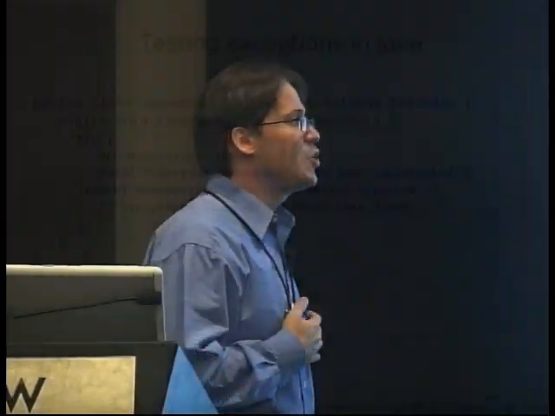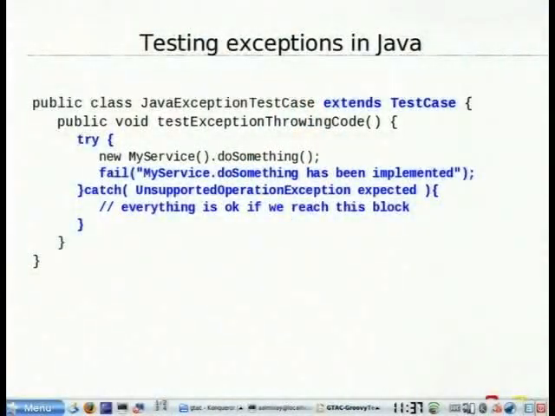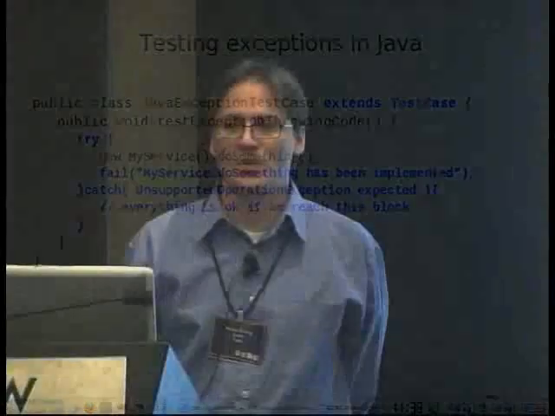This is how we usually test exceptions in Java, right? Probably we extend a test case if we are in JUnit 3. And that is the business code we want to test, right? And everything that is in blue is the scaffolding that we have to code in order to assert that that business code is throwing the expected exception, right?